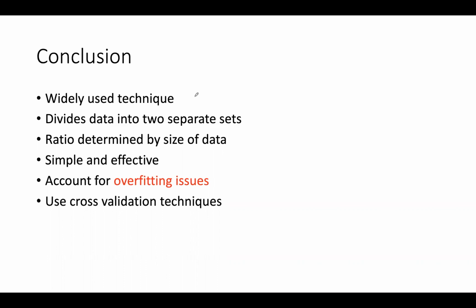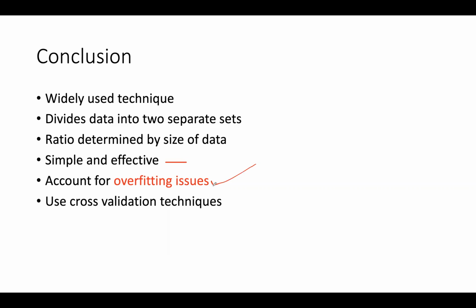So the train test split is a simple and effective technique, in the sense that we can use it to quickly check the model's ability to generalize to new unseen data. However, it's important to also account for overfitting issues.